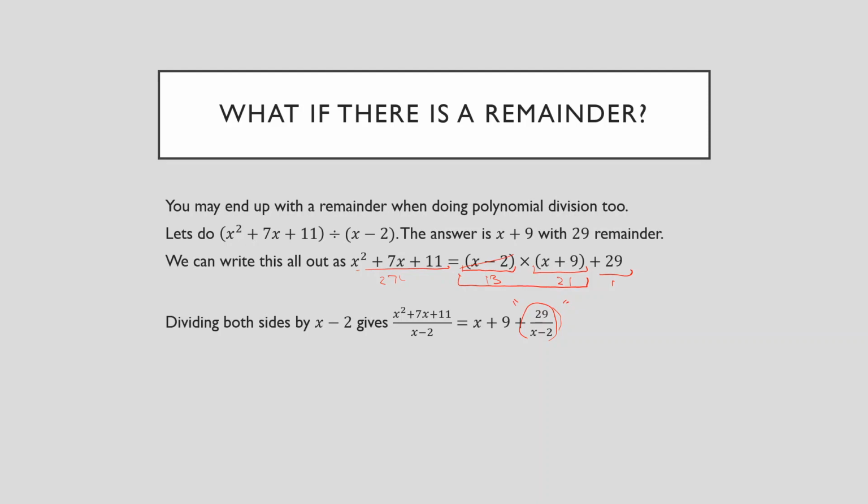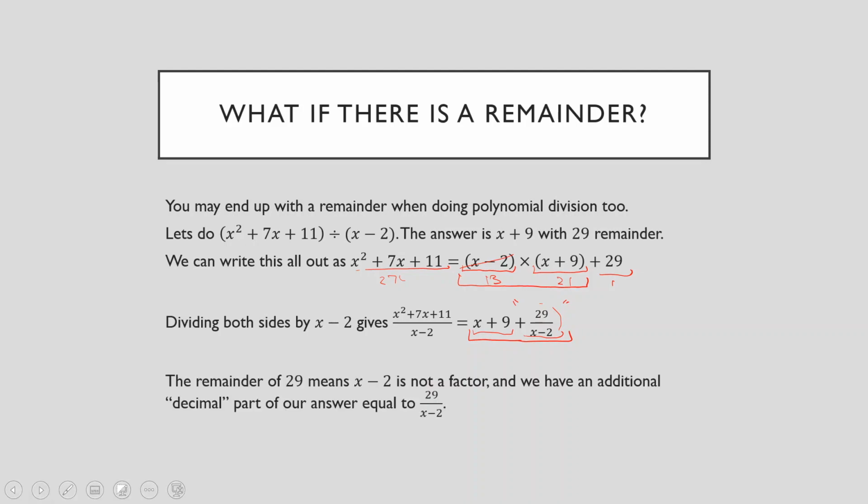So if you get a remainder when you have polynomials, your answer is going to look something like this: the thing you get after you divide, plus the remainder divided by your divisor. This 29 over x minus 2 you can consider the quote-unquote decimal part of your answer. It's the bit that you have to chop up into pieces to share between the groups to find a final answer.